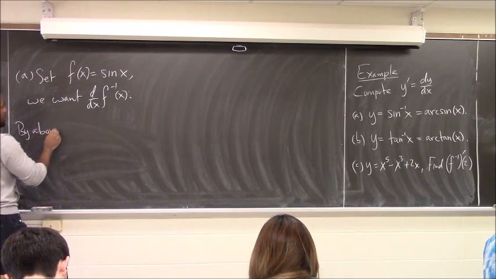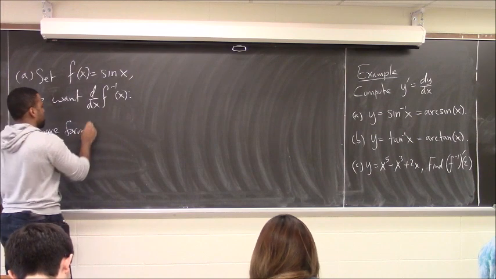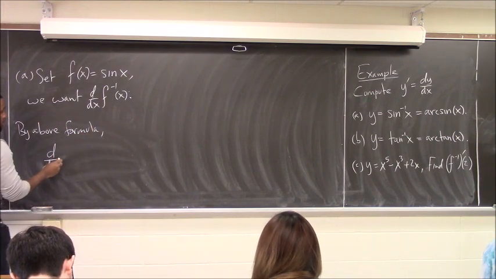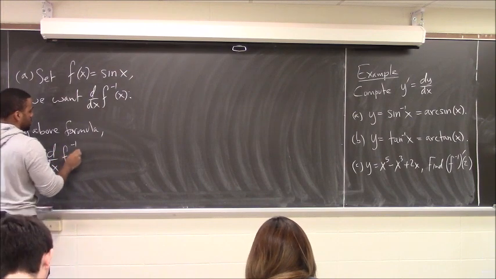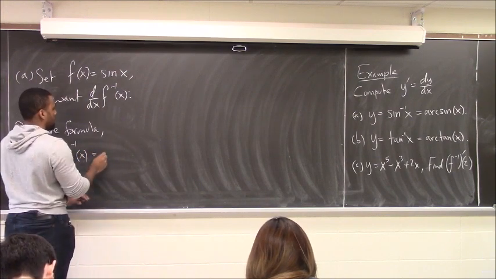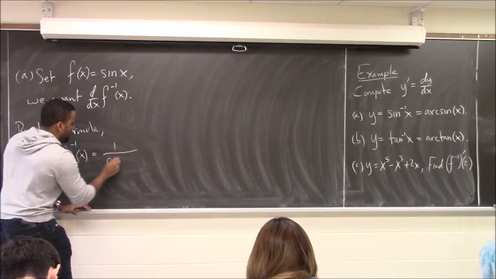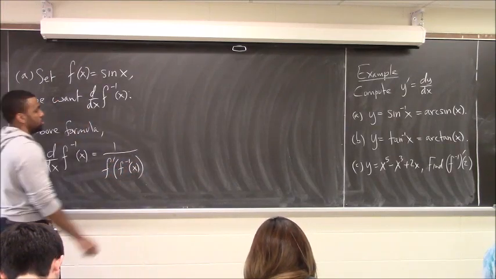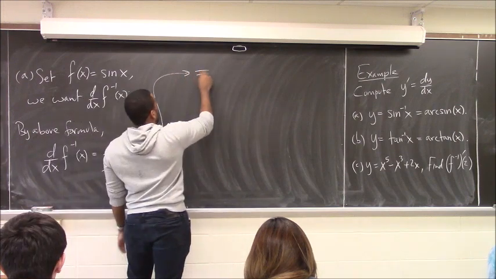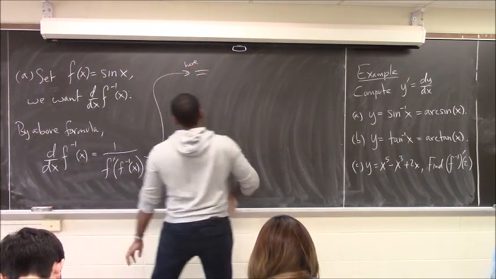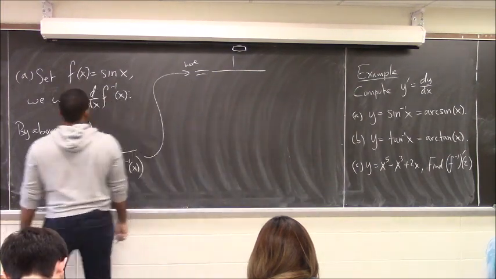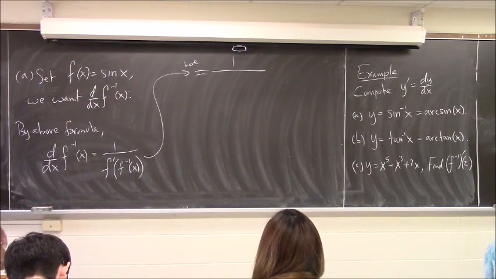By the above formula, the derivative of f inverse is going to be 1 over f prime of f inverse. Here, that is 1 over, now, what is f prime if my f is sine?